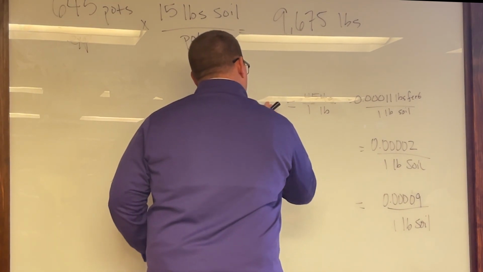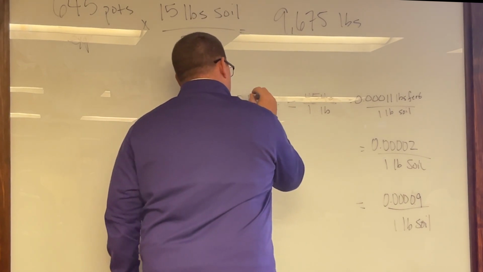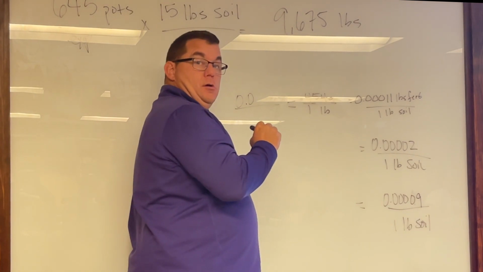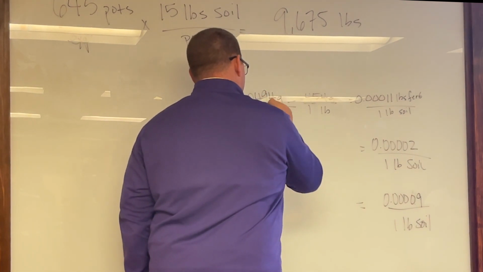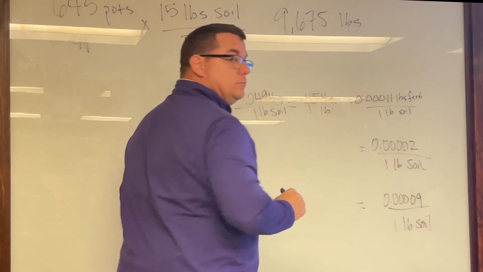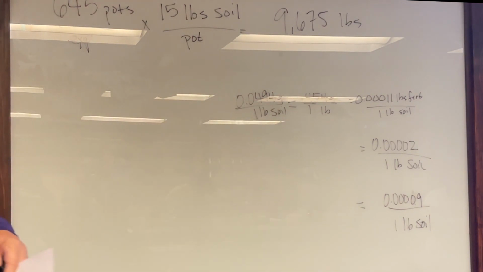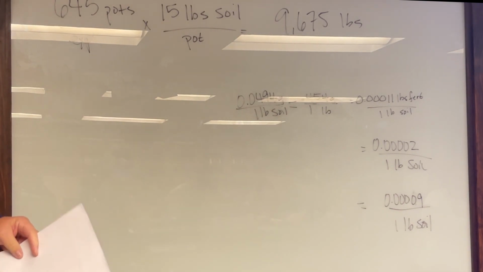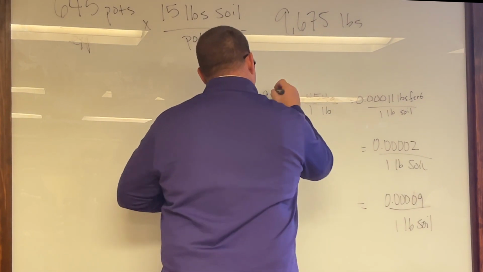My soils class will never let me put another wrong calculation on the board again. This is 0.0, 4994. This one? 0.99.